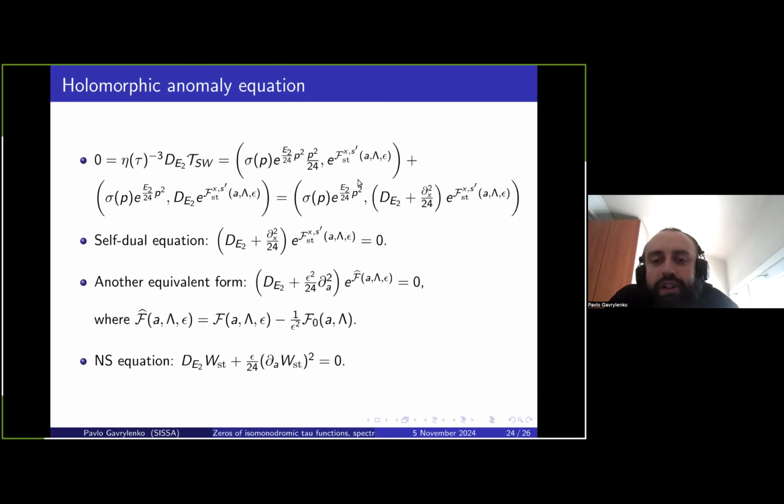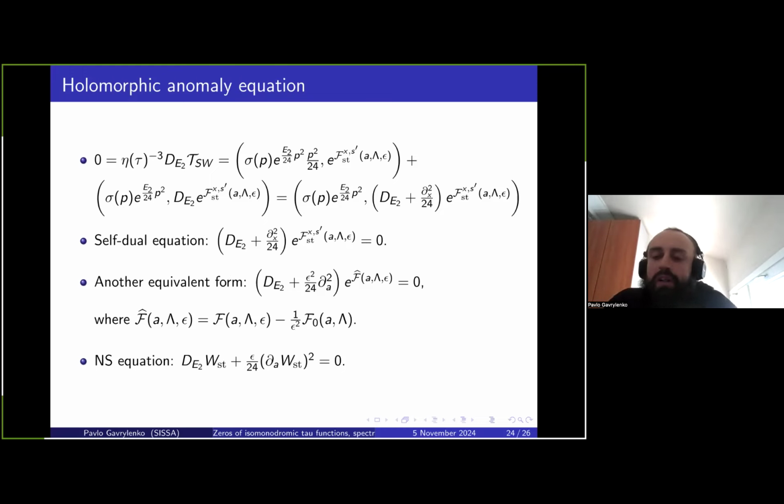And then when we differentiate this, we have two contributions. One is from derivative of the sigma function, another is from a derivative of this partition function or conformal block. And we know that it is 0, which means that this conformal block, a stable part of it satisfies this differential equation, which is called holomorphic anomaly equation. And originally it was obtained from some topological strings. So it was something absolutely non-trivial.